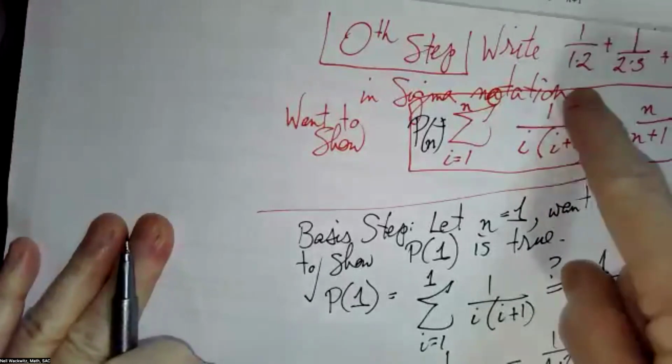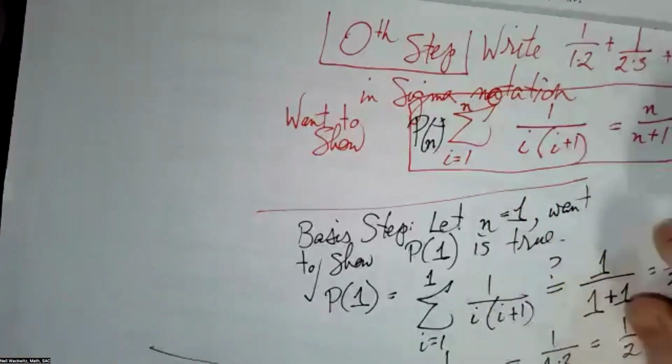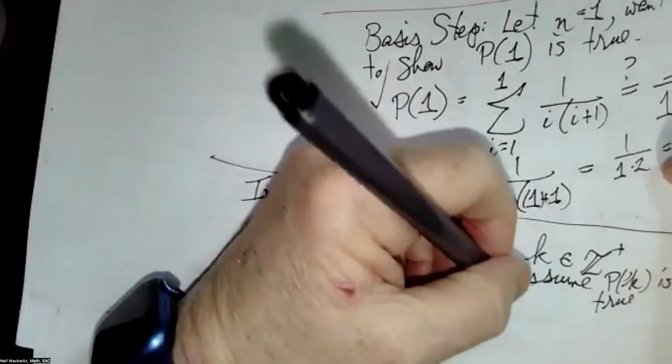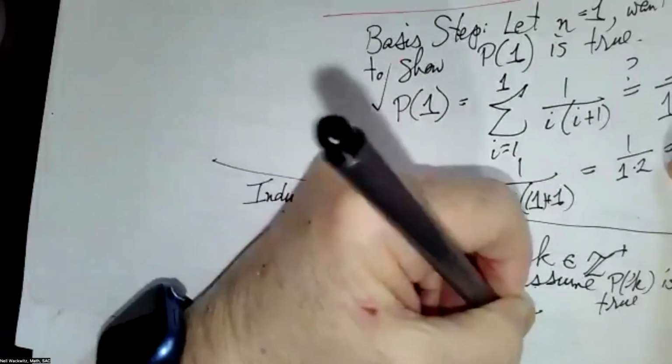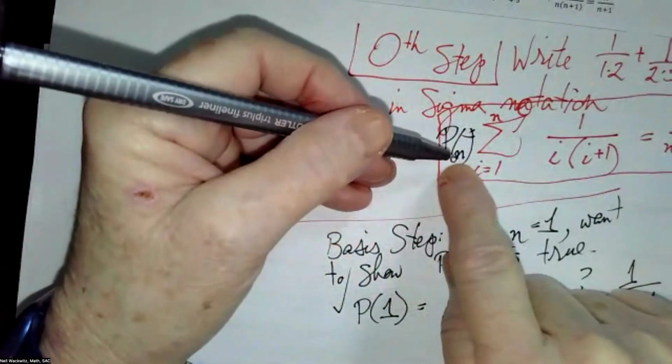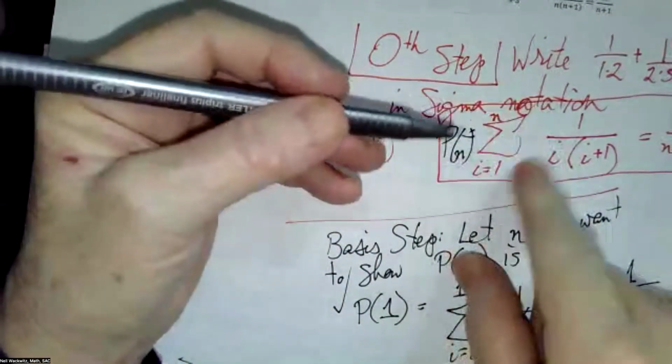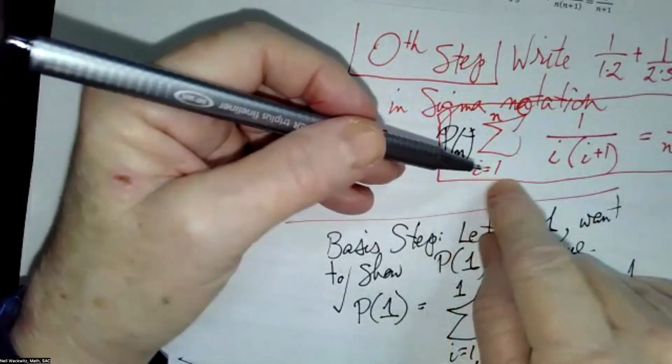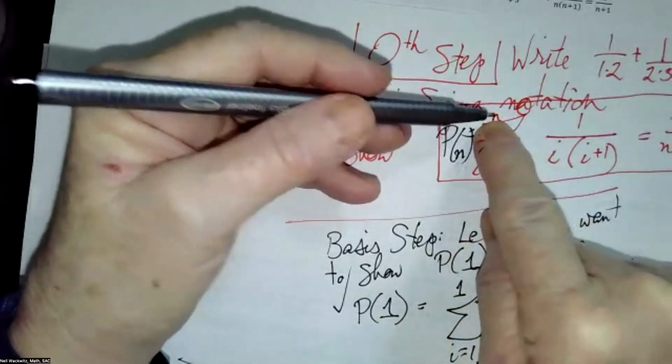let's see, we've got 1 over i times i plus 1. That's not going to change. The only things that will change are the things with n's. So this summation is going to go from i equals 1 up to k.